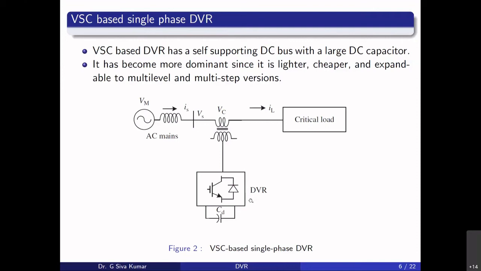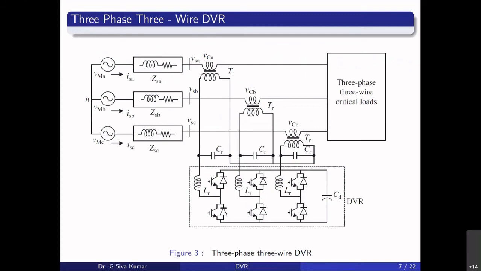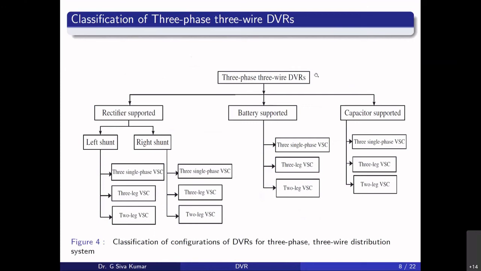It is more than enough for the distribution voltage level. This is a three-phase, three-wire DVR. We don't have a neutral over here. I will try to explain how this inverter operates in order to correct the terminal voltage.